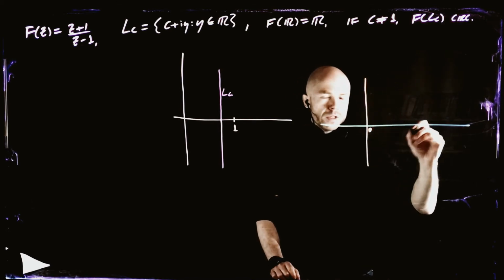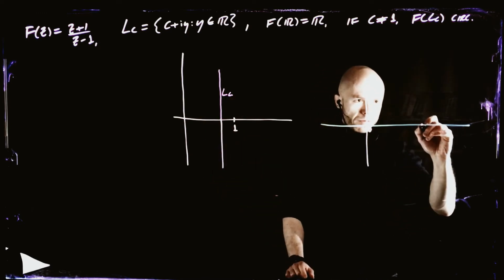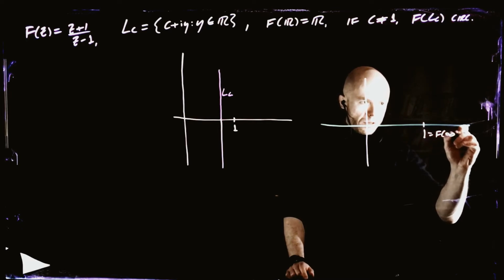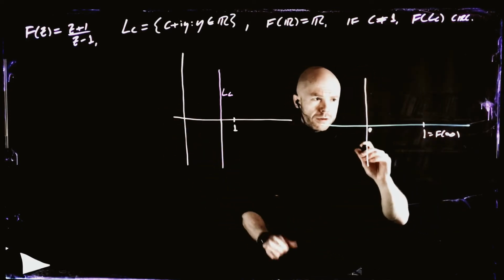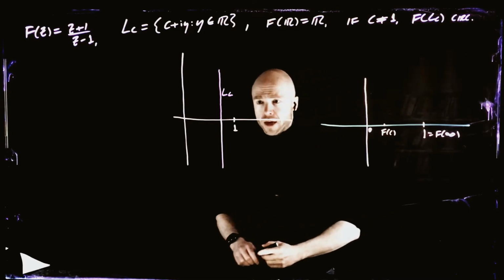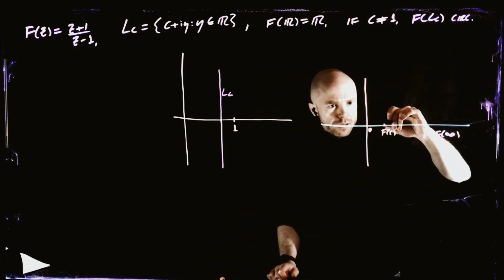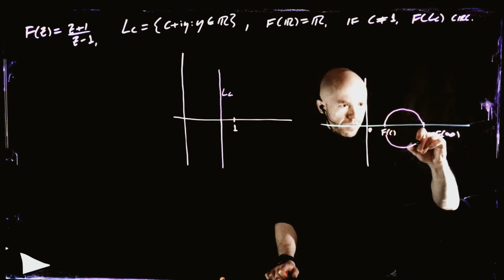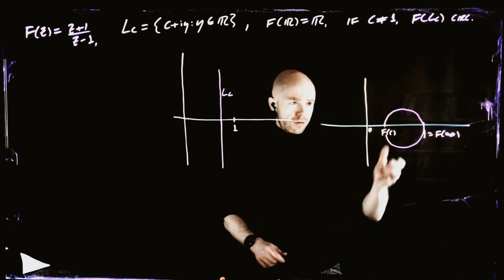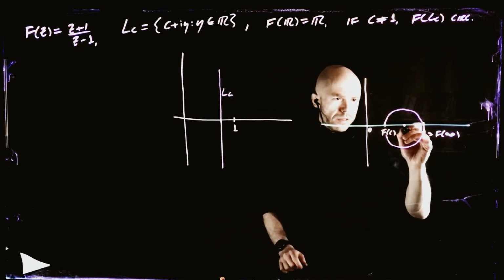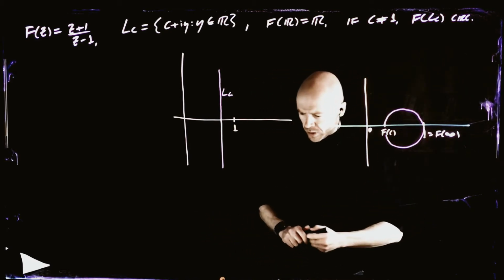Here, this is 0, because when we put infinity, then f of infinity is 1, so we are going through this, which is f of infinity, and we're also going through f of C, wherever that is, right? So just to put something, let's suppose f of C is here, and the circle we have does this. Because f of C is explicitly calculable, we can find the diameter of this circle and therefore the radius. So all we need to know is if the center is on the left or the right-hand side of 1.